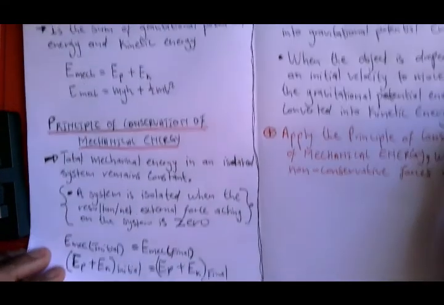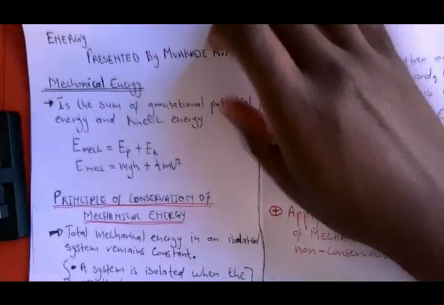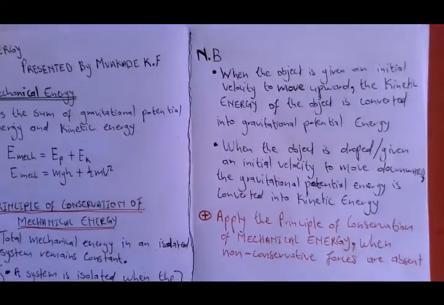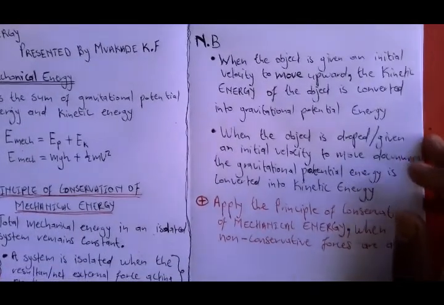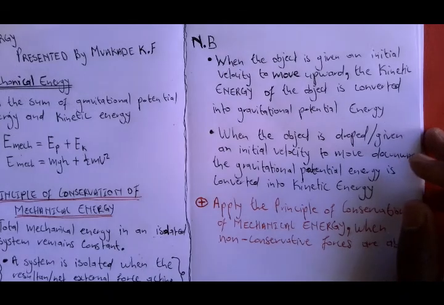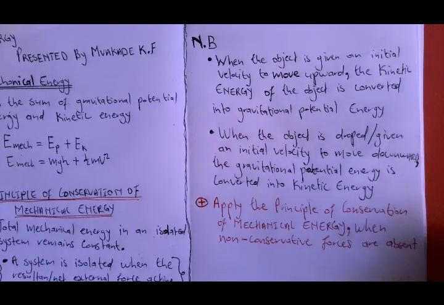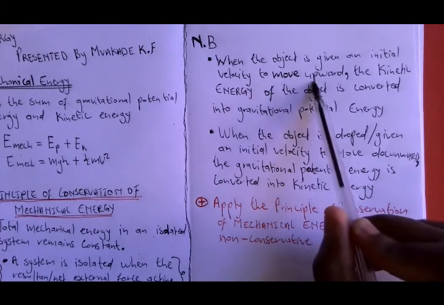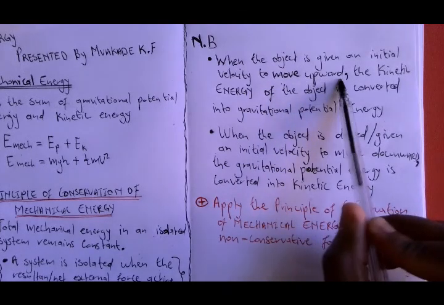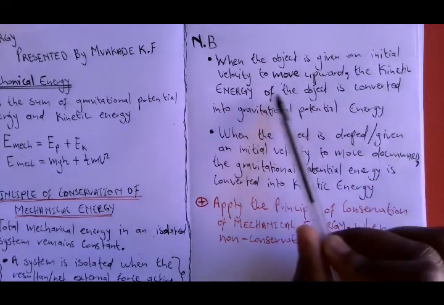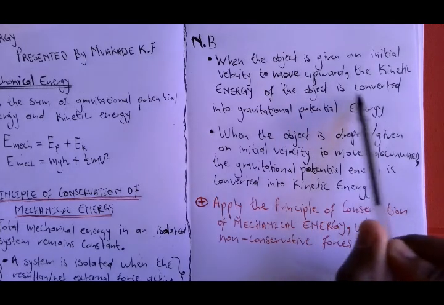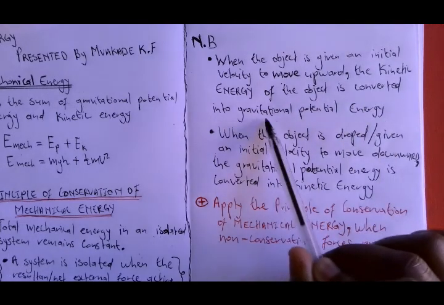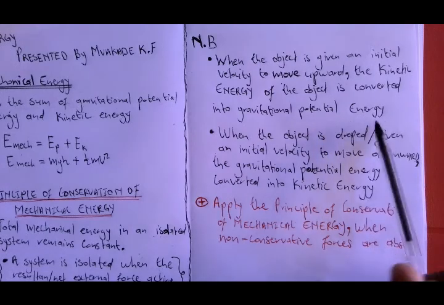Now, there are some things that we have to note, especially when solving problems using the principle of conservation of mechanical energy. When the object is given an initial velocity to move upward, the kinetic energy of the object is converted into gravitational potential energy.